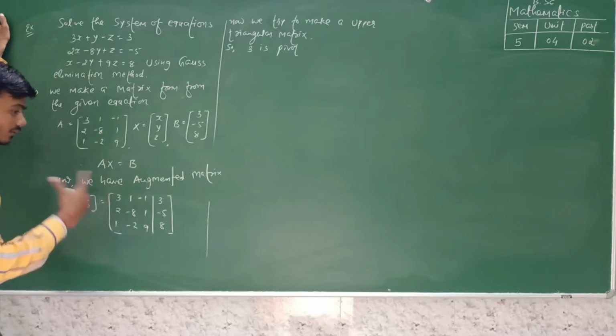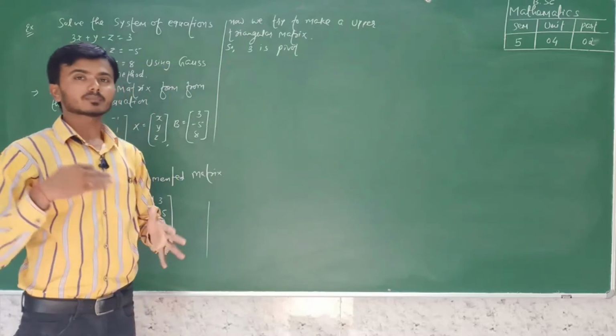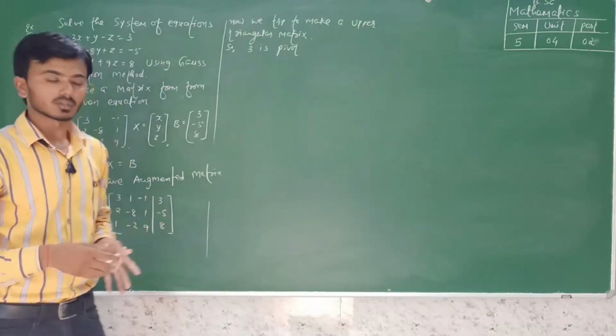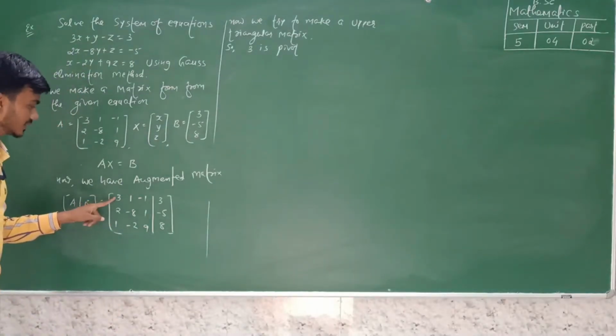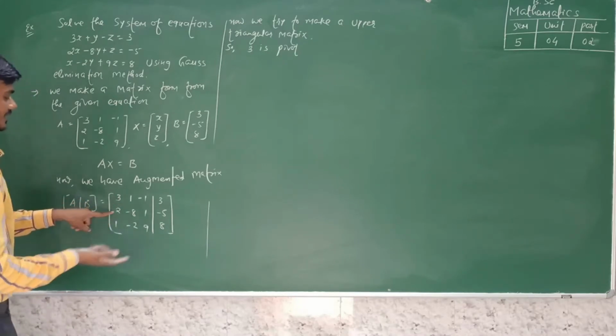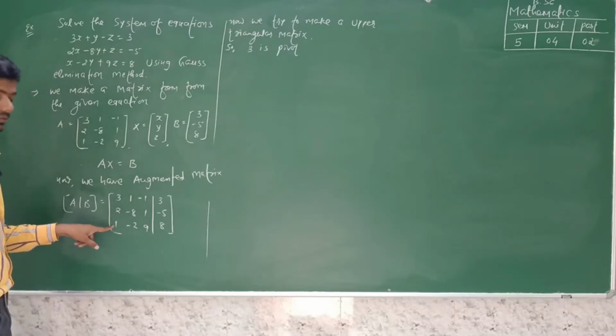So we have to use the elementary row operation. You can use any row, first row, second row, or third row. The first row is not 0, so by using this row, we make these elements 0 and these elements 0.